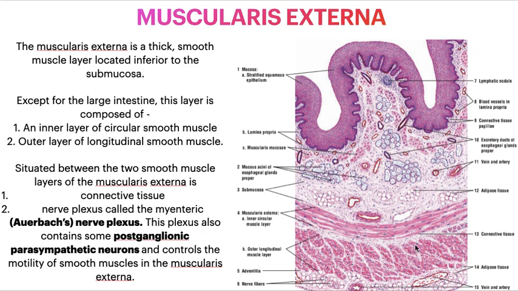Between these two layers, we have connective tissue, can you see the connective tissue is present over here? And another very important nerve plexus called the myenteric or Auerbach's nerve plexus. This plexus also contains the postganglionic parasympathetic neurons and controls the motility of smooth muscle in the muscularis externa.